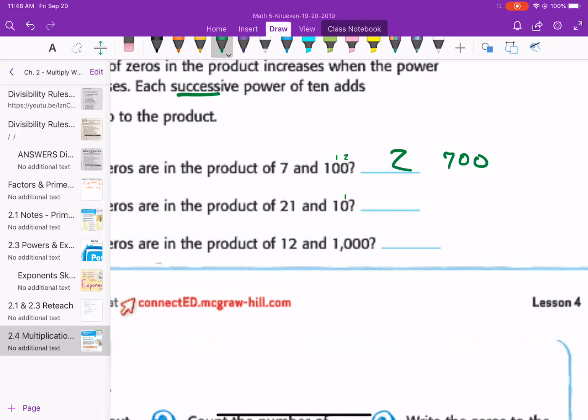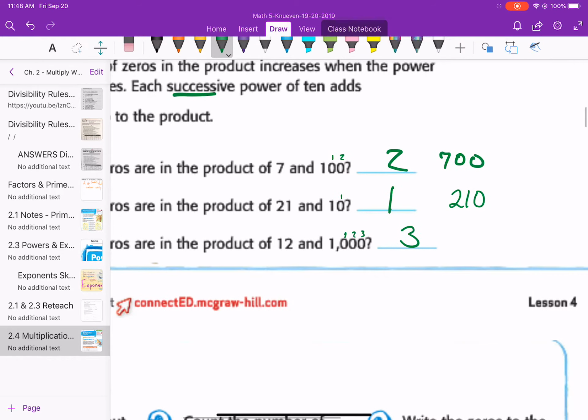I've got 1. So my answer will only have 1 zero, which would be 210. And if I had 12 times 1,000, I've got 1, 2, 3 zeros here. So my answer should have 3 zeros, which would end up being 12,000, because 12 times 1,000 would be 12,000.